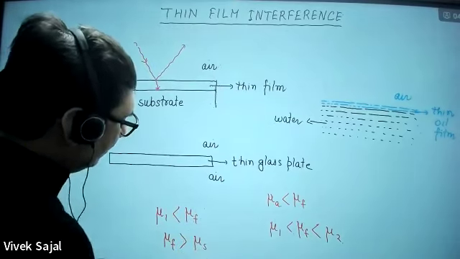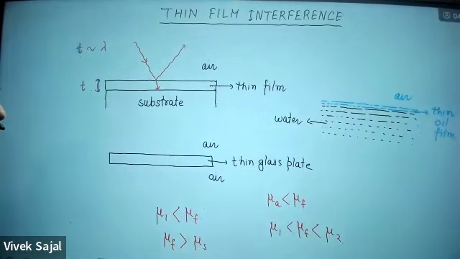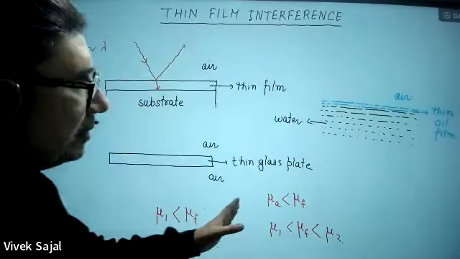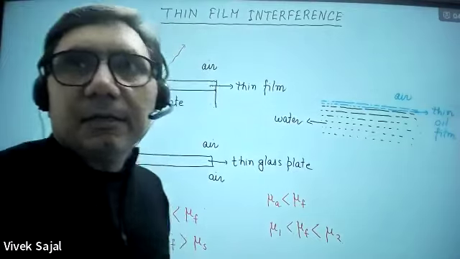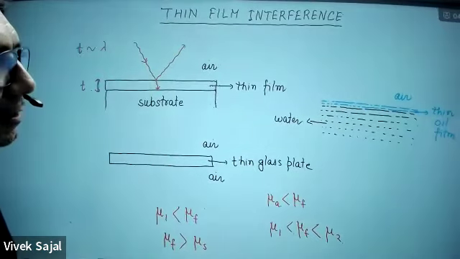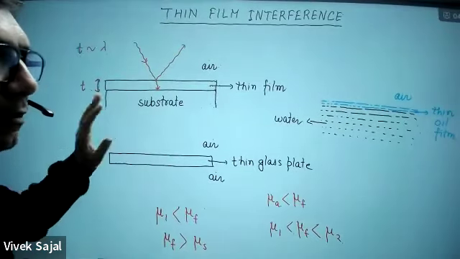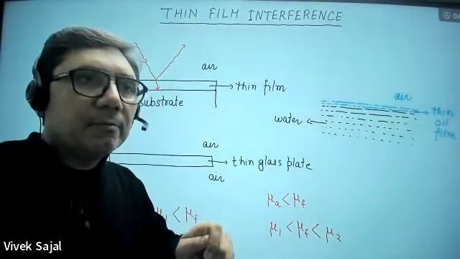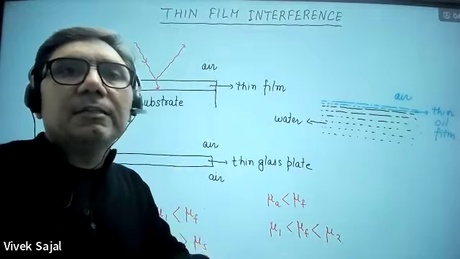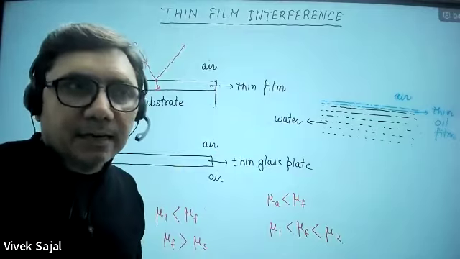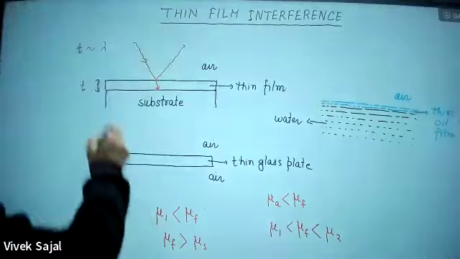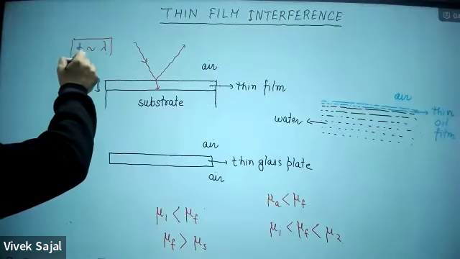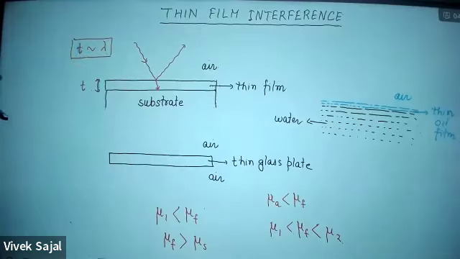You can have this type of situation. So these various situations we can observe in thin film interference. So first, what is thin film? For the light you are using, a thin film is that film whose thickness is of the order of the wavelength of that light, of the order of lambda.